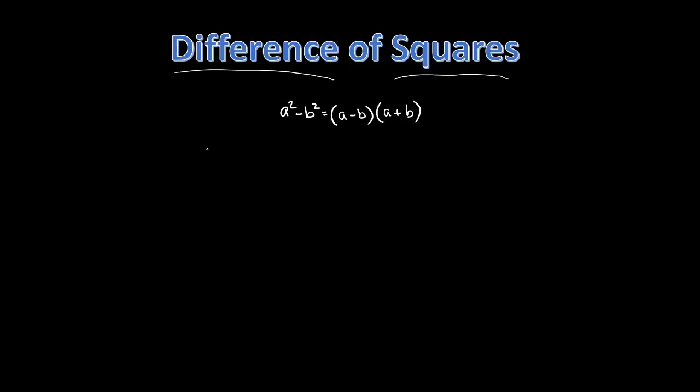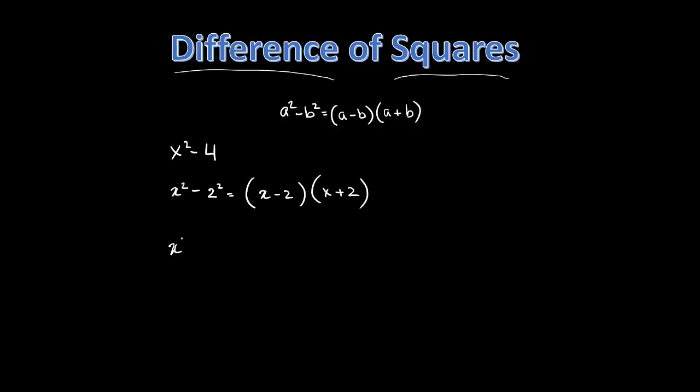So an example of this would be x squared minus 4, let's say. You should automatically see that this 4 is the same thing as 2 squared. So x squared minus 2 squared, and then just following the formula blindly, we'll get an x minus 2 and an x plus 2, and we're good. So these are the two factors of your difference of squares.